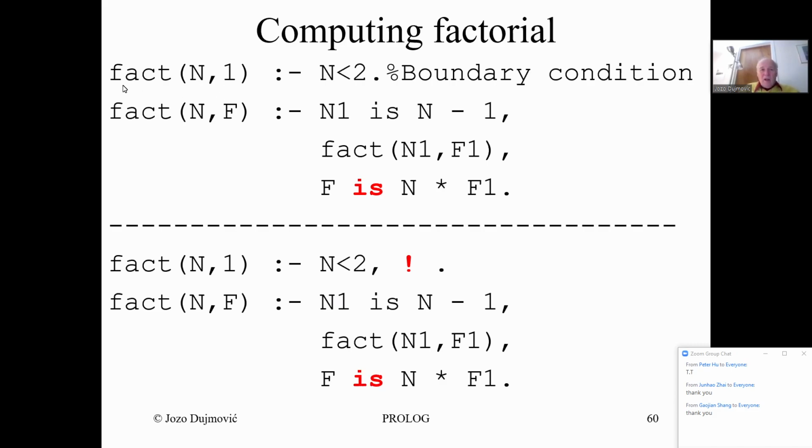So here is practically a loop, because what you are doing, if you have factorial of 5, for example, then it is going to create here 4 as 5 minus 1. And this is going to start asking, give me factorial of 4. And then this factorial starts the search again from the beginning.